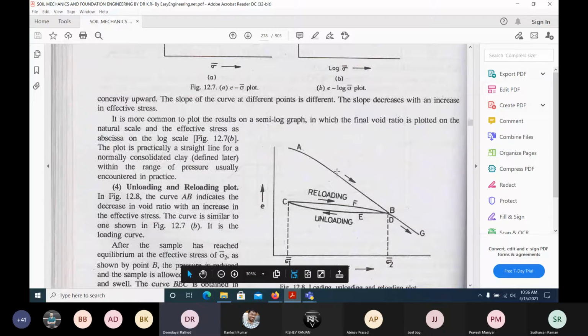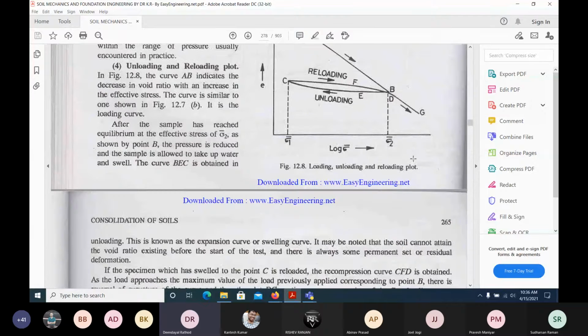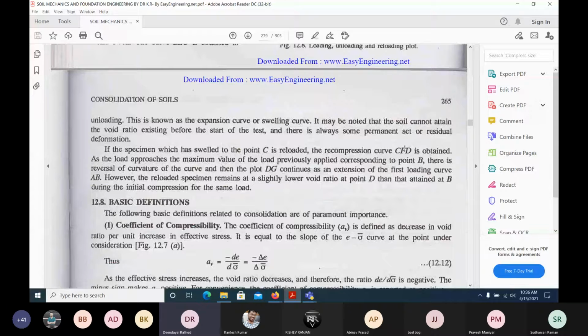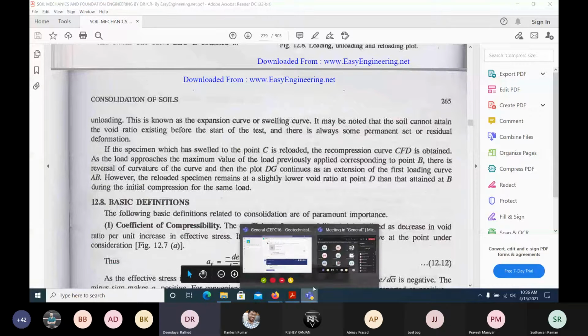First all the loading, then we remove the loading, then soil will follow this unloading pattern, and again reloading we can do, and so on. That's how we do and we measure. And in today's class we'll see some basic definitions. So what generally do we measure in the laboratory.